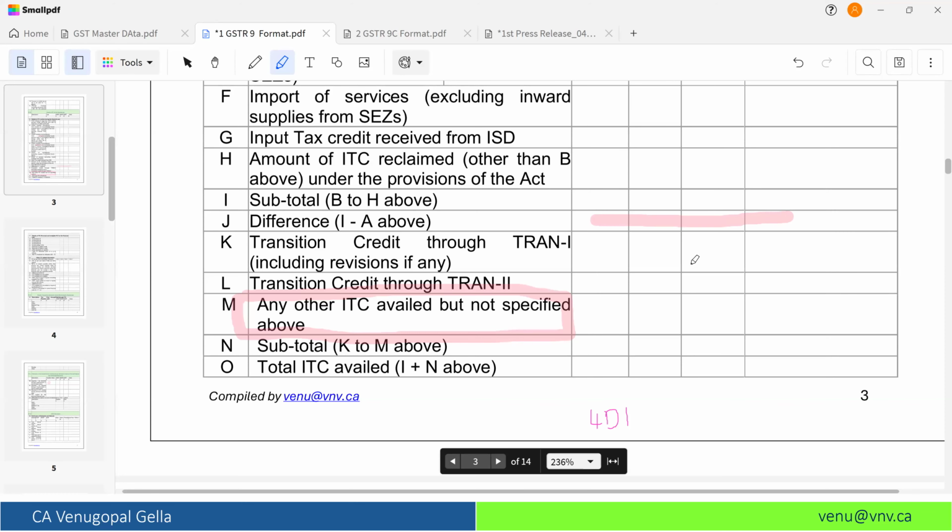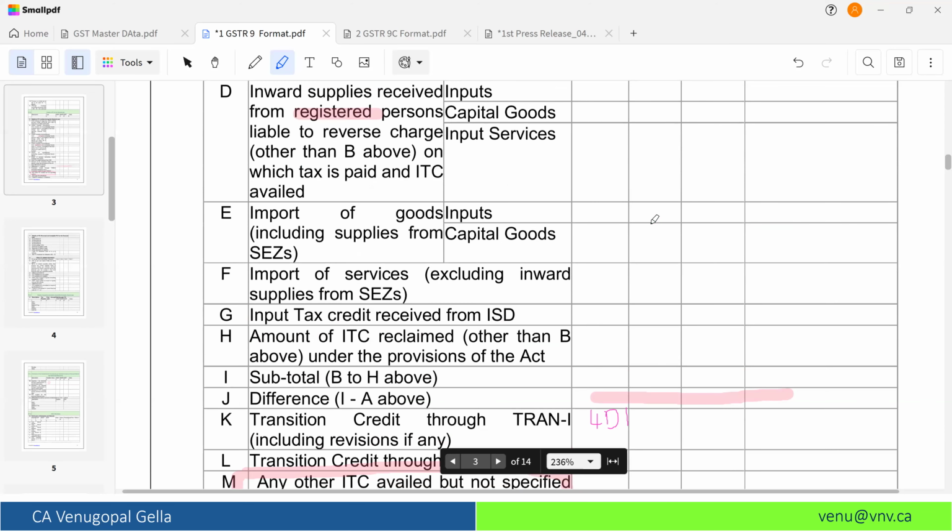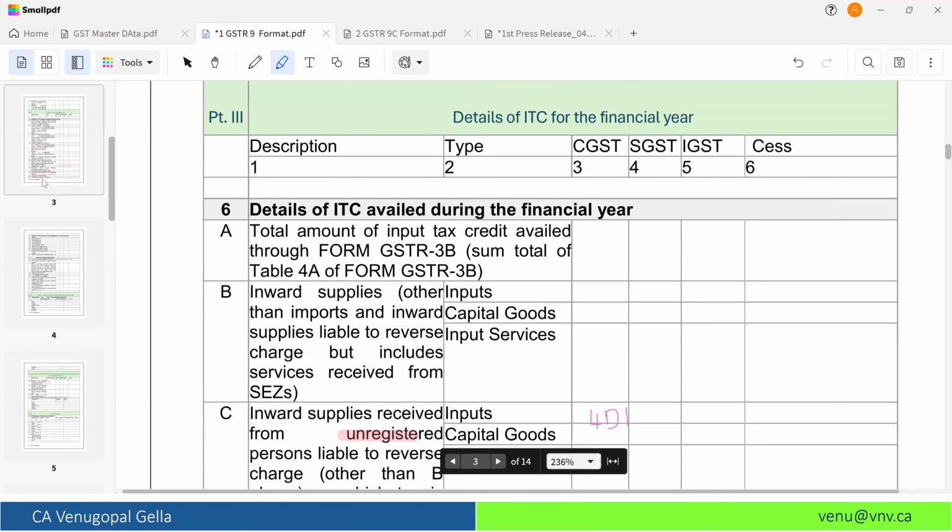Now, let me give you a situation where ITC as per 2B is CGST 100, SGST 100, IGST nil. But what you have taken in 3B is CGST 0, SGST 0, and IGST 200.